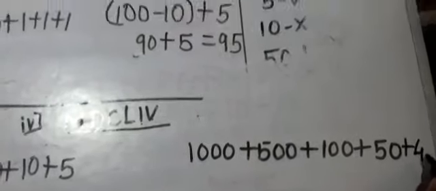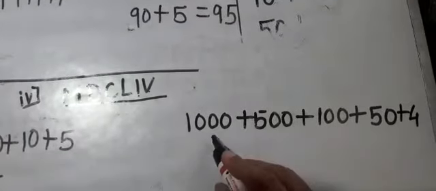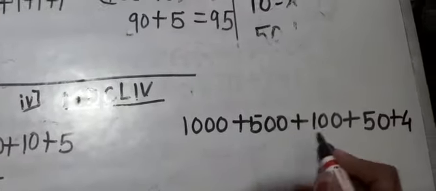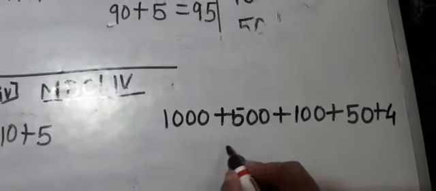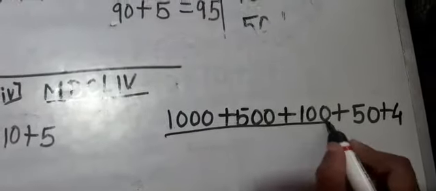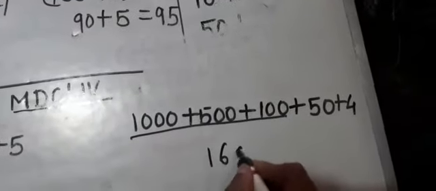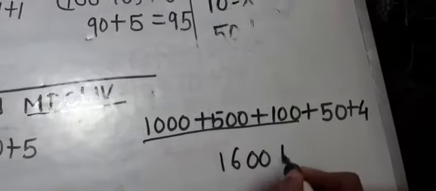So when we add all these numbers, 1000 plus 500 is 1500, 1500 plus 100 is 1600. So these all add up to give us 1600 plus 54.